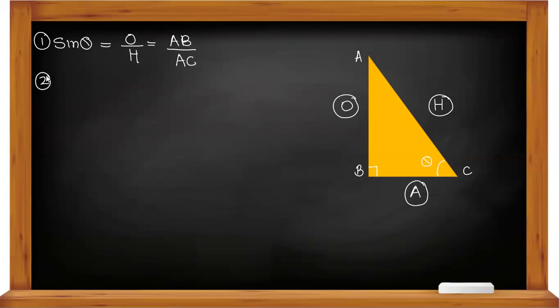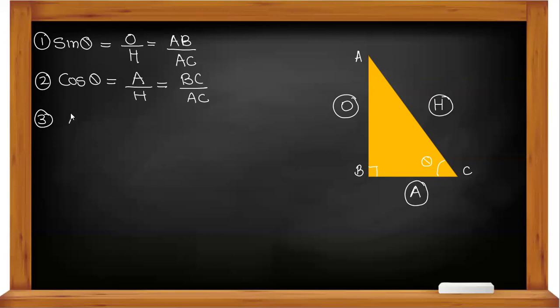Number 2. The second ratio is cos theta, which is the ratio of base, or you can say adjacent, over hypotenuse. Now, adjacent is BC and hypotenuse is AC.